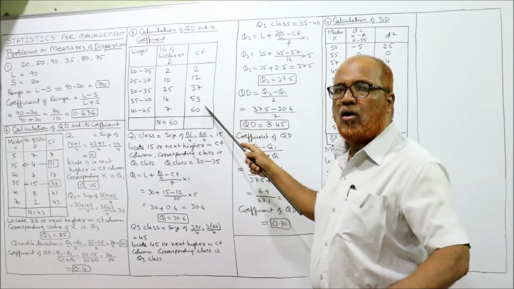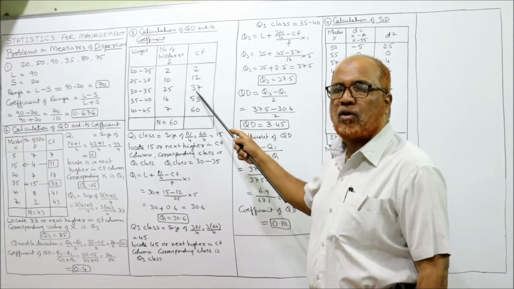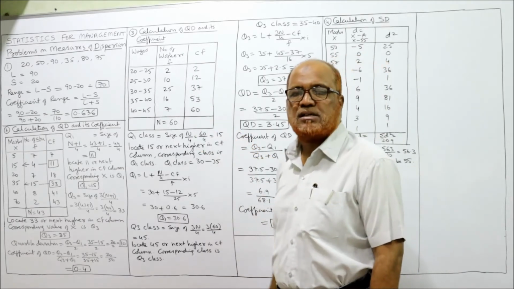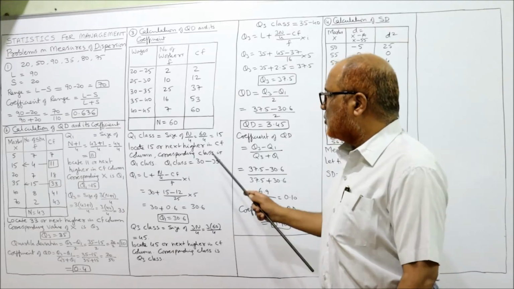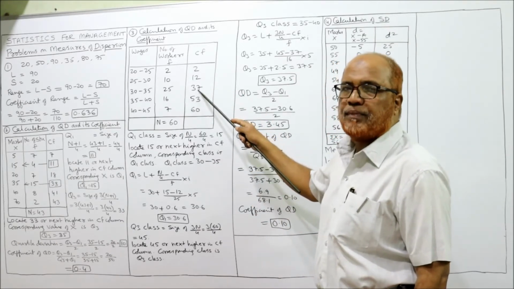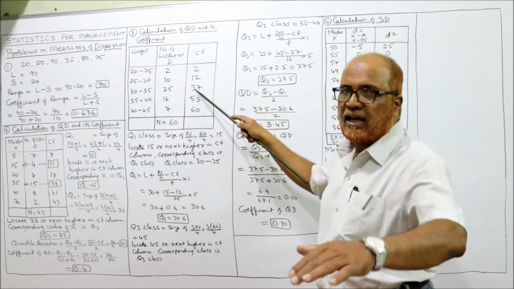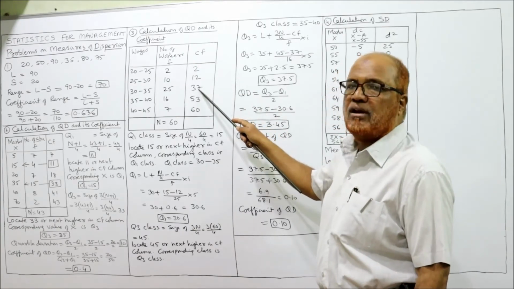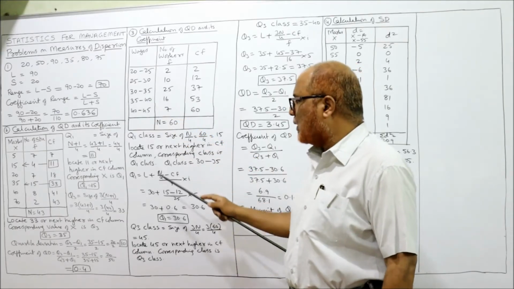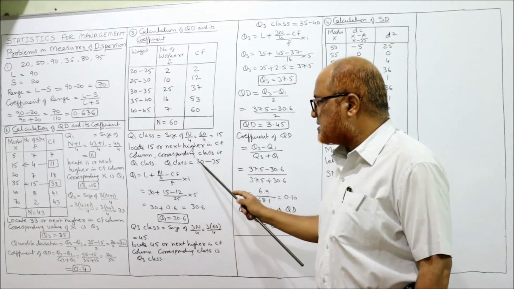Locate 15 or next higher in the CF column. The corresponding class is the Q1 class. We don't have 15, but next higher to 15 is 37. What is the class interval here? 30 to 35. So Q1 class is 30 to 35.